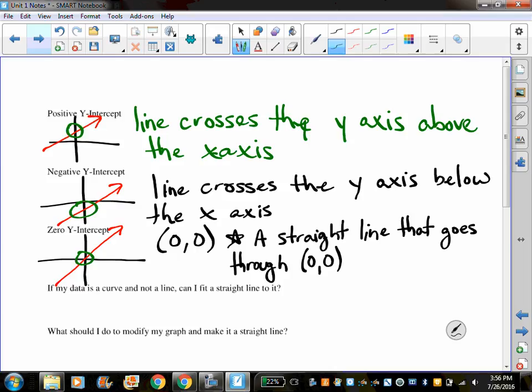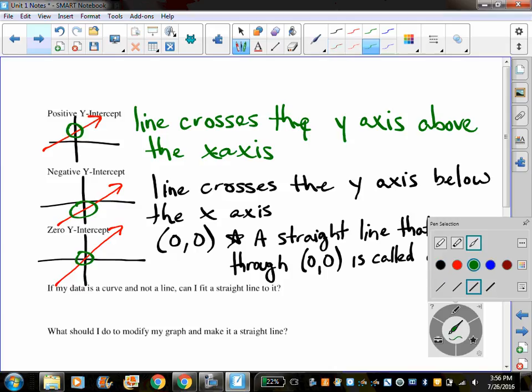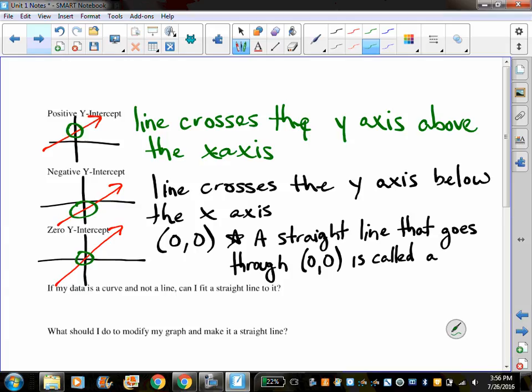We give that a special name. We call that a direct proportion. I'm going to use a different color. We'll color it green. It's called a direct proportion.